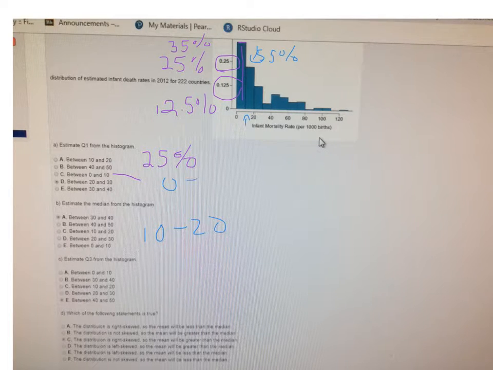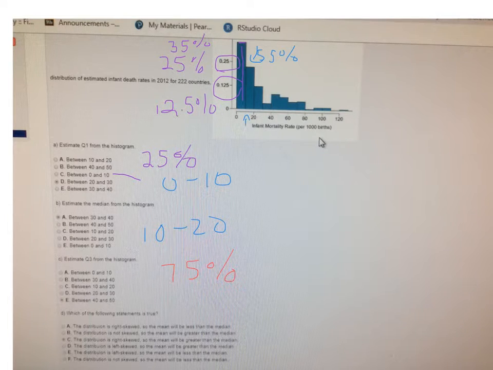And we said this one's going to be 0 to 10. Estimating Q3, Q3 is your 75% value, right? And so if you keep adding it up as you go along, I'd say that it looks like we're right on the 0.125 for the third bar, which is 12.5%.